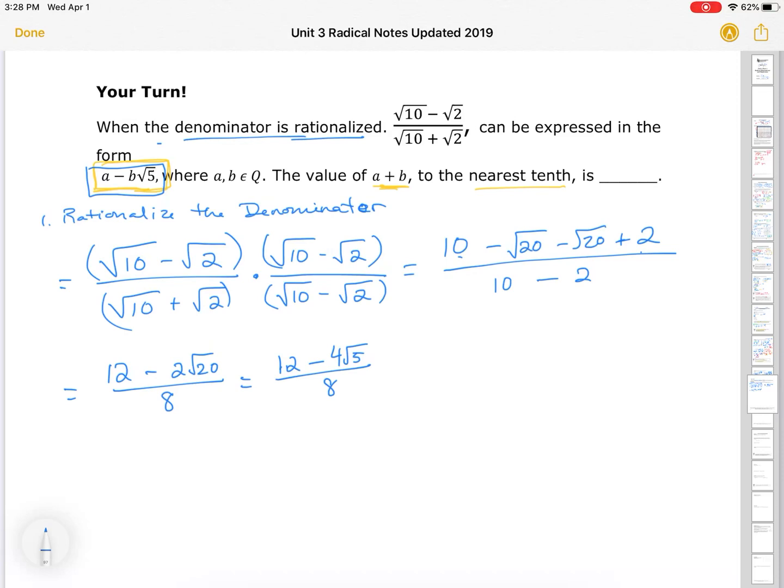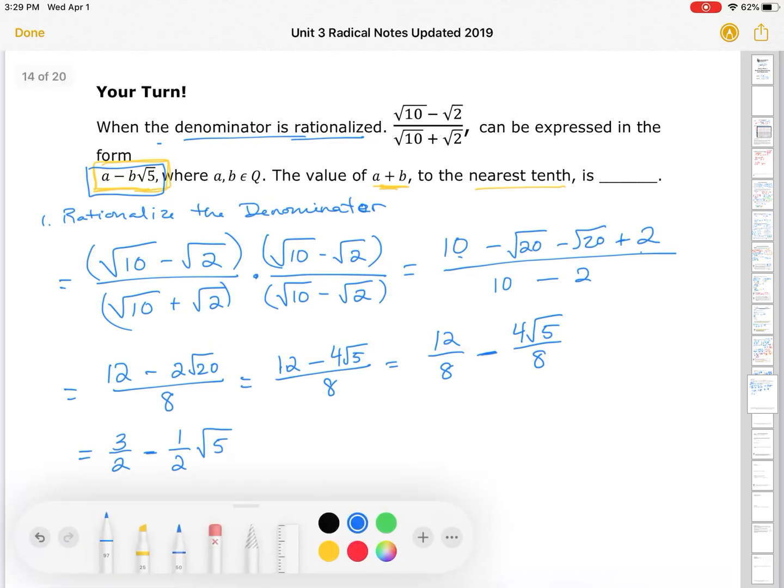Now, we want it in the form a minus b root 5. There's nothing stopping us from having fractions. So if we do that, we can split up this 8. So we can go 12 over 8 minus 4 root 5 over 8. I haven't changed the expression, I've just basically written it as 2 terms. I can simplify those further. 12 divided by 8 is the same as 3 over 2.